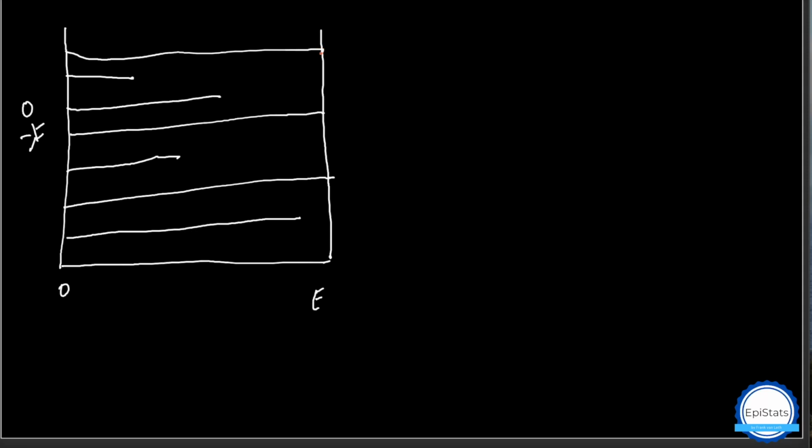Then we indicate whether or not the outcome occurred, so a dot is no outcome occurred and this person had an outcome of interest. The idea of survival analysis is that we divide the follow-up time by event. And what do I mean by event?